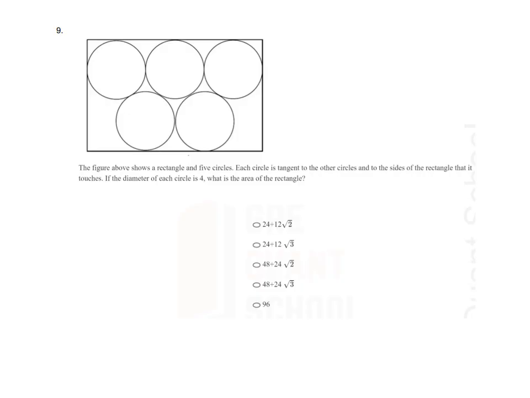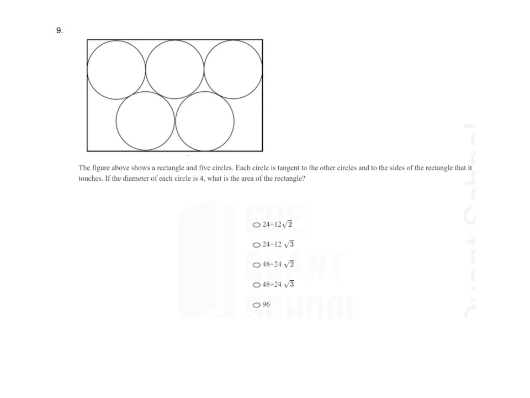Okay, you need to find out the area of the rectangle, and there are 5 circles and each circle touches each other, so all of these are tangent to each other. And another given information is the diameter of each circle is 4, so radius is 2. What is the area of the rectangle?